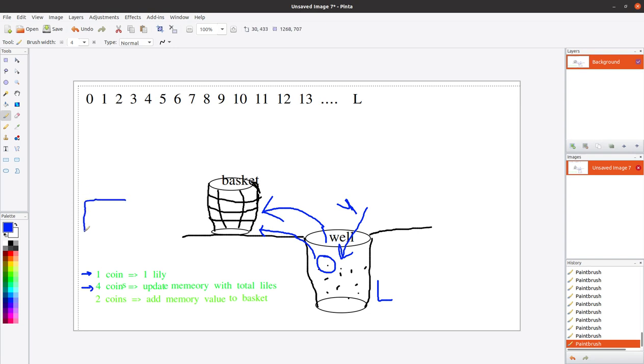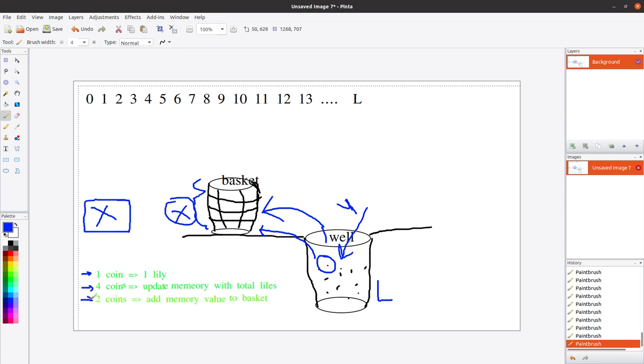So if the number of lilies collected in the basket so far is equal to x, and we toss four coins into the well, we update the memory with the value of x, which is the total number of lilies collected so far.